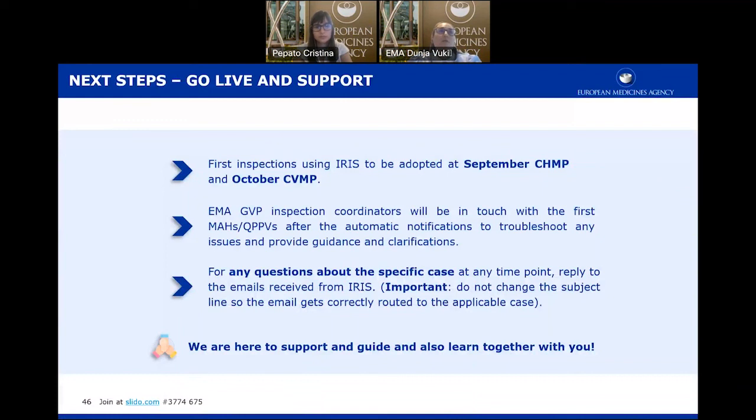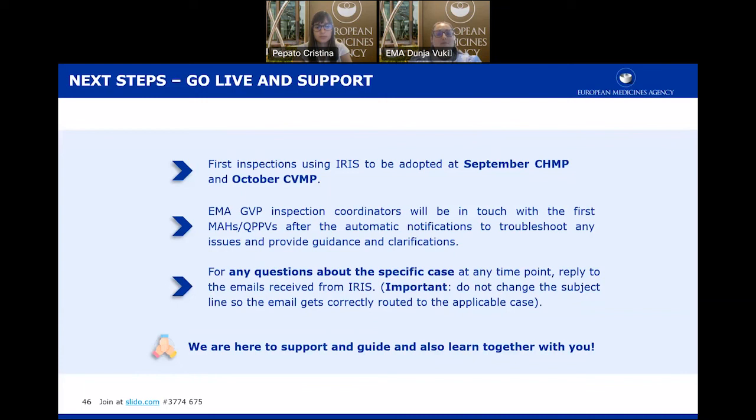So for any questions that you have about the specific case at any time point, please reply to the emails received from IRIS. And as highlighted earlier, please do not change the subject line so that the email gets correctly routed to the applicable case. We would really like to stress that we are here to support and guide and also learn together with you.